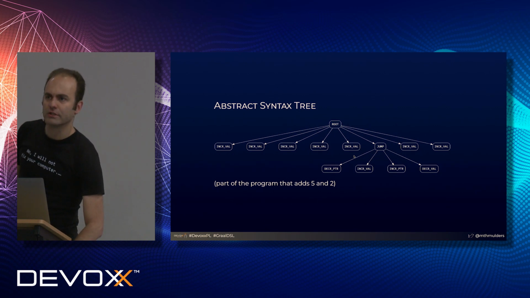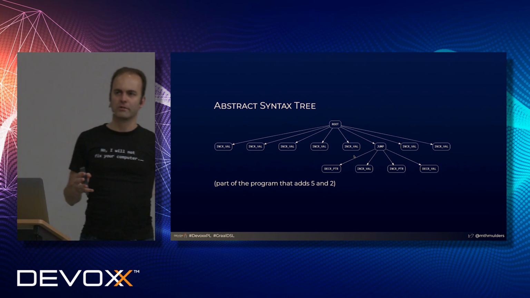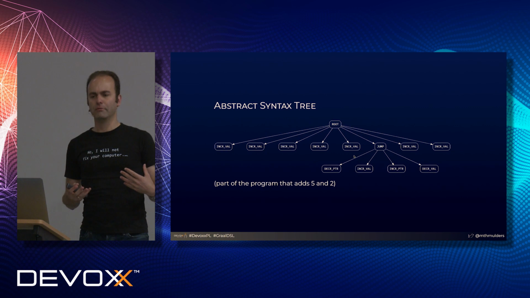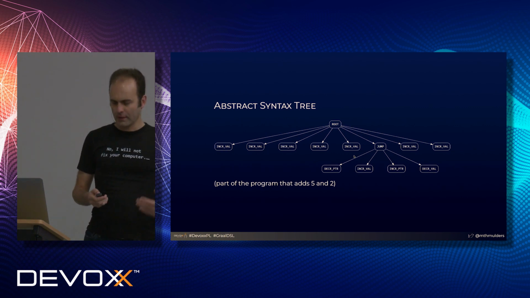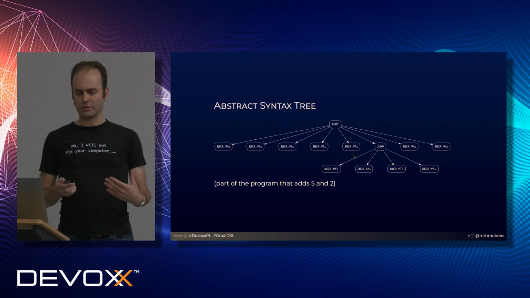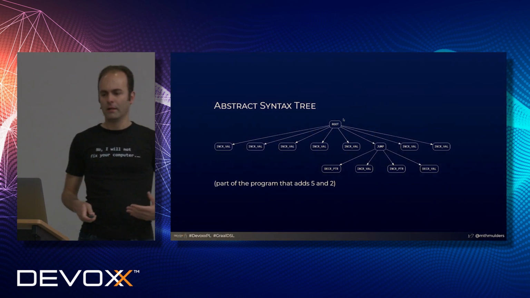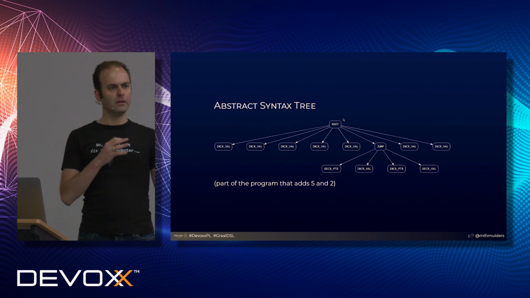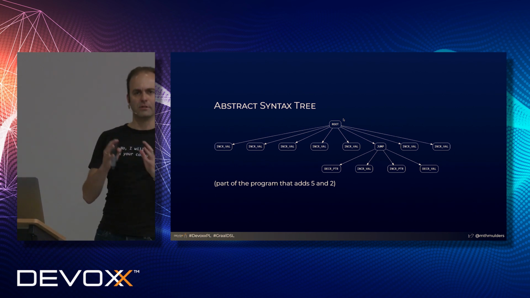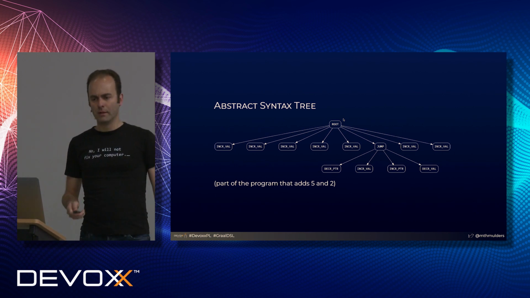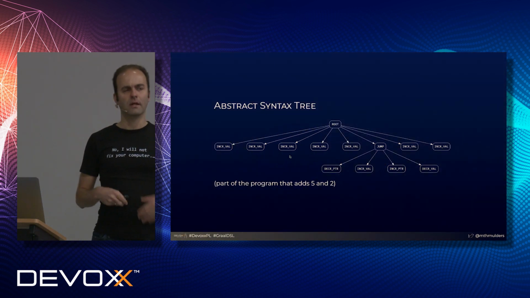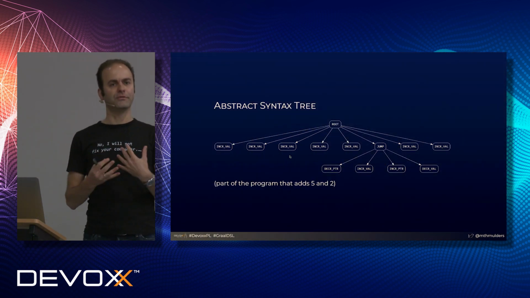An abstract syntax tree. Well, this is just a very small part of the abstract syntax tree for the program that we just saw. An abstract syntax tree usually looks like this. There's a root node, because it's a tree-like structure. And for each step that needs to be done when executing the program, you create another node. And the node contains the implementation.